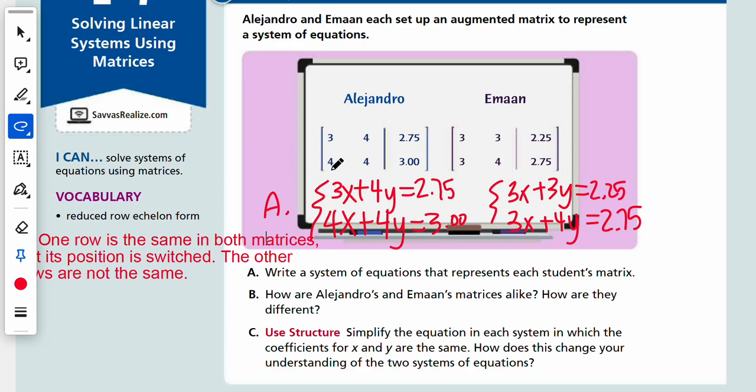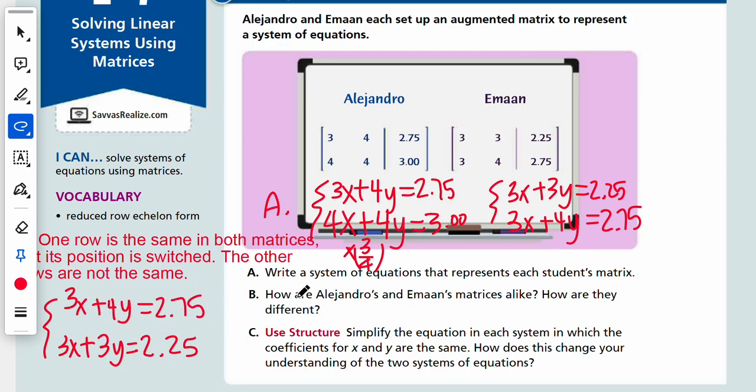So let's multiply 4x plus 4y equals 3 by 3 over 4, right? And then you will get something like 3x plus 3y equals 2.25, right?